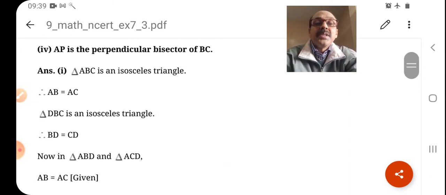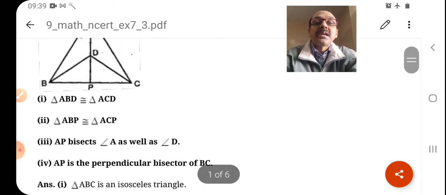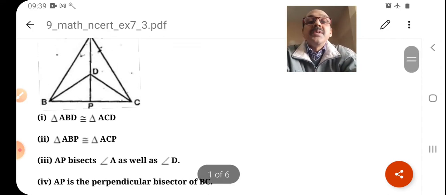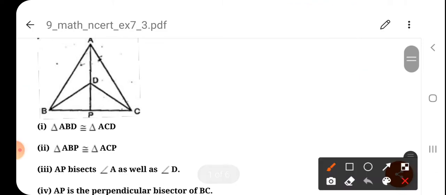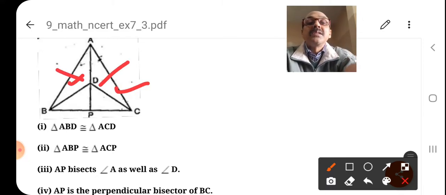Now, in triangles ABD and ACD, that is question number 1. So it is given AB equals AC, condition number 1.